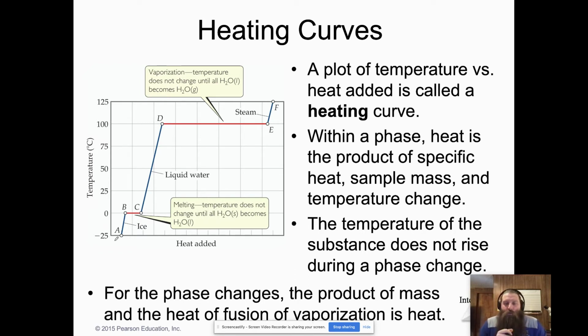Now, we'll look at some math problems that involve these phase changes as far as how much energy is required there. But in order to do that, you're going to use heats of vaporization, heats of fusion, or heats of sublimation, whichever may be required. If you're melting, you're going to use heat of fusion, right? If you're boiling something, it'll be heat of vaporization.